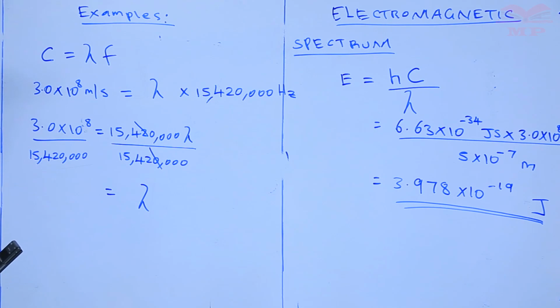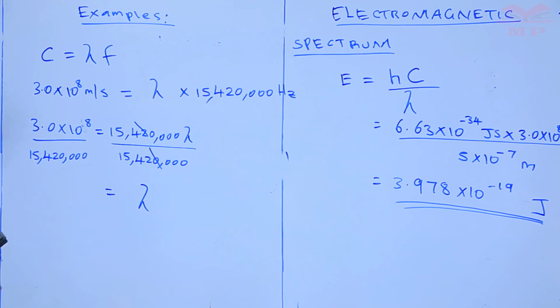Remember to put the bracket. You first open the bracket, put 3.0 times 10 power 8, close it, then divide by, open again, 15,420,000, close the bracket and get an equal to sign, and we'll now be able to get the answer. We can give our answer correct to 2 decimal places.